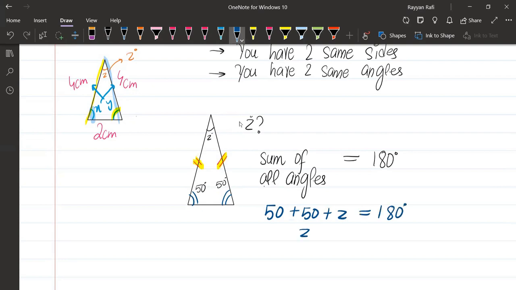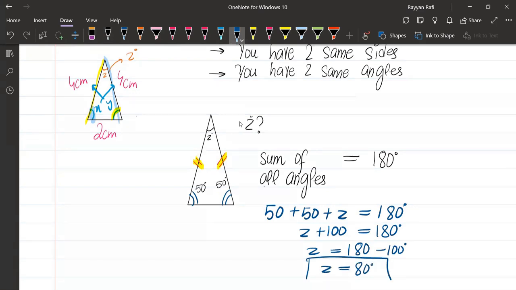And if I solve it, Z plus 100 will be equal to 180 degrees. If I bring 100 to the other side, it will be 180 minus 100 degrees. Then the value of Z will be 80 degrees. Okay, so Z is equal to 80 degrees. That will be my answer.